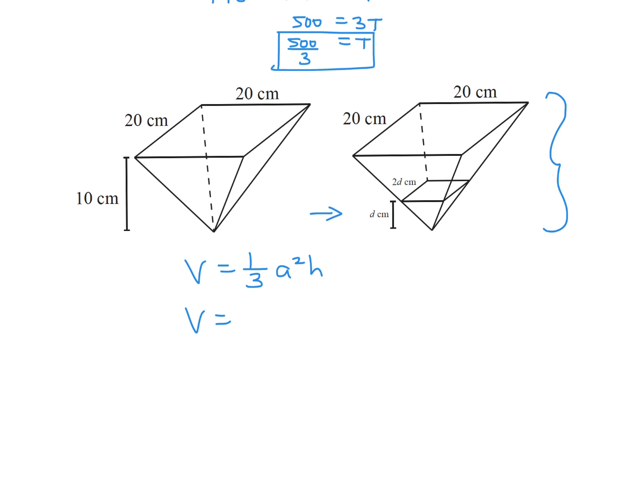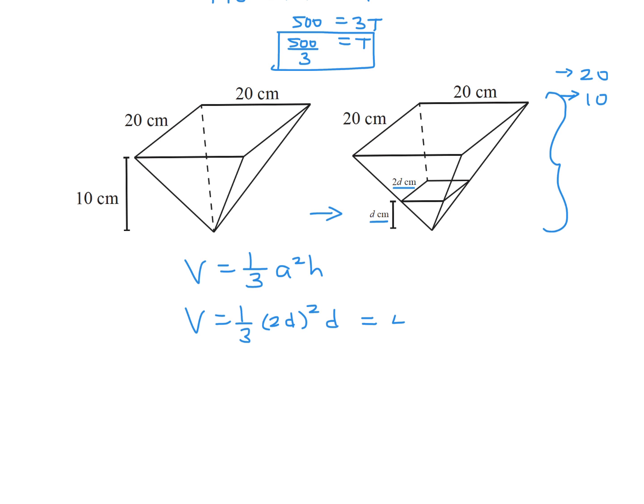So the volume is going to be 1/3, and since the dimensions of the original were 20 and 10 for the side length and the height, there's a ratio of 2 to 1. So that's why if this is D, this is going to be 2D. Same ratio, 2 to 1. So the side length is 2D, so sub that in, and the height is D.